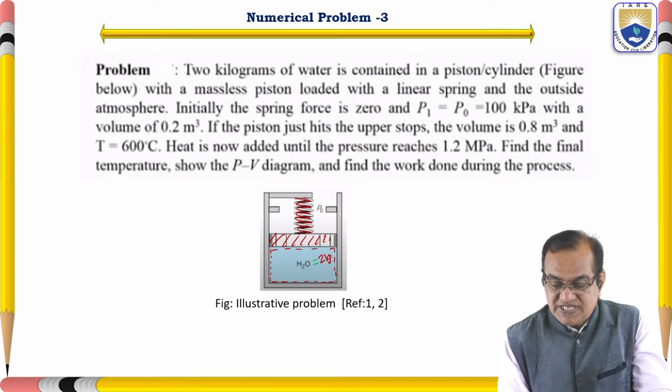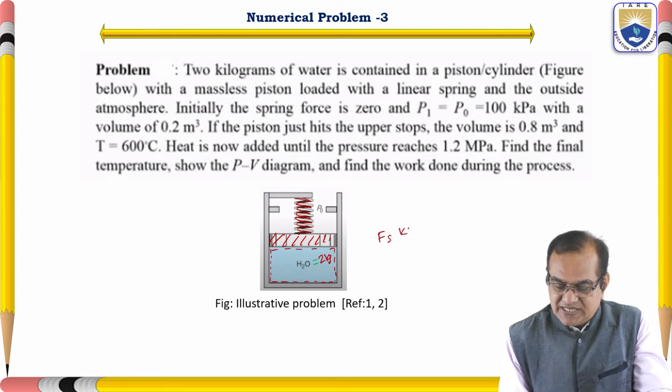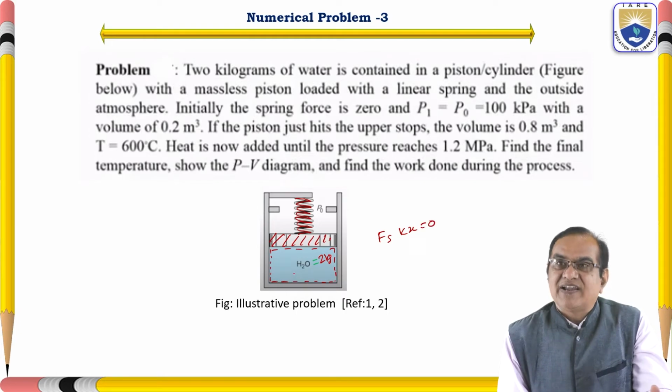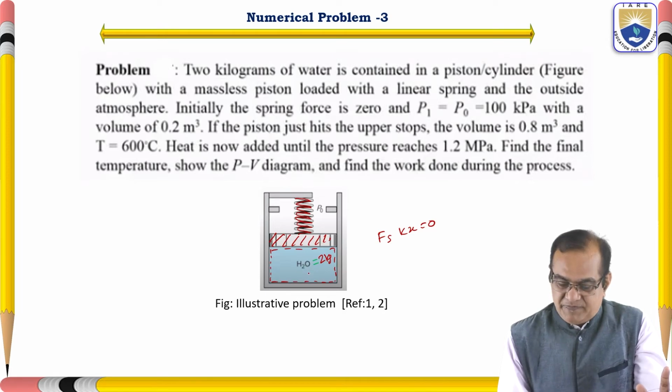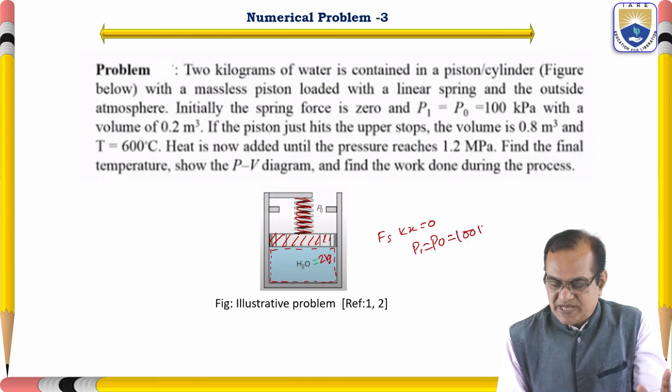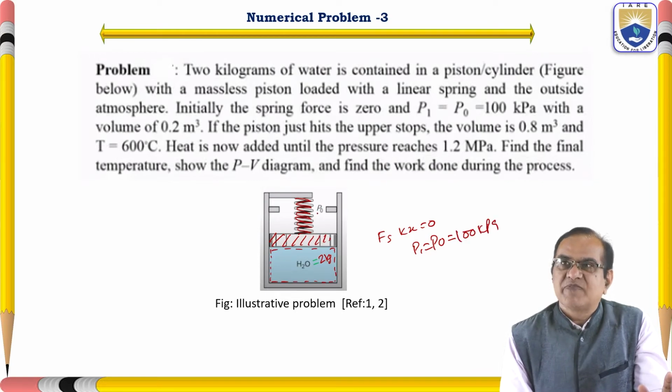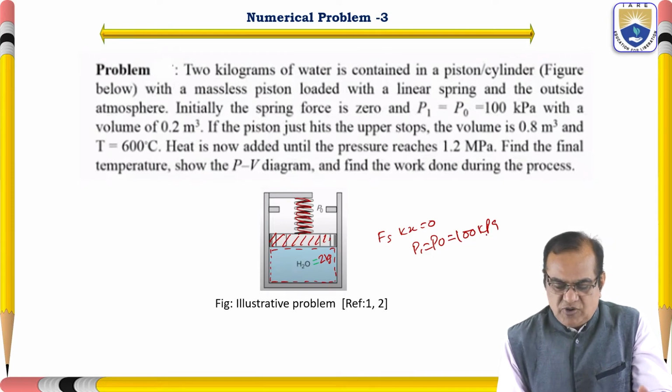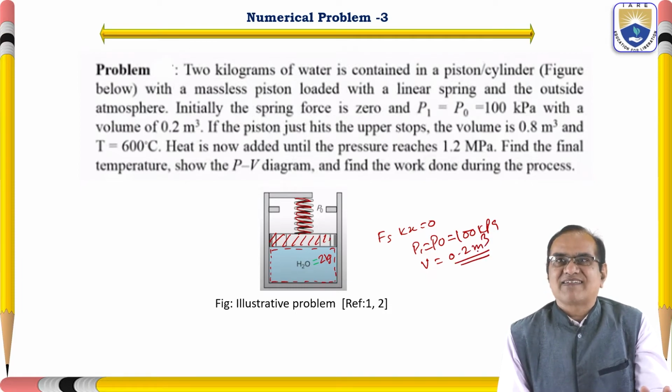Initially the spring force is 0, so F spring or Kx is equal to 0, meaning it is not touching. In the first case, P1 is equal to P0, which is 100 kilopascal, the atmospheric pressure, with the volume given as V equal to 0.2 meter cube. This is the initial condition.